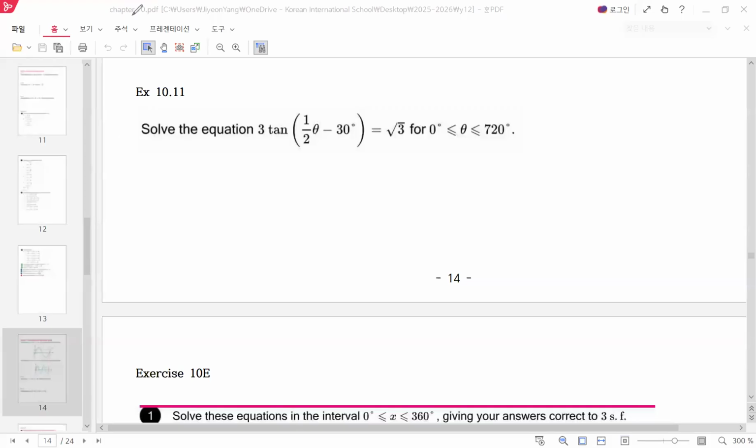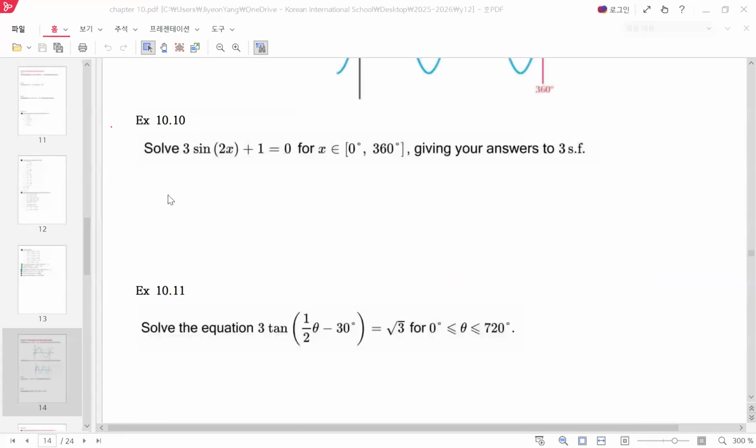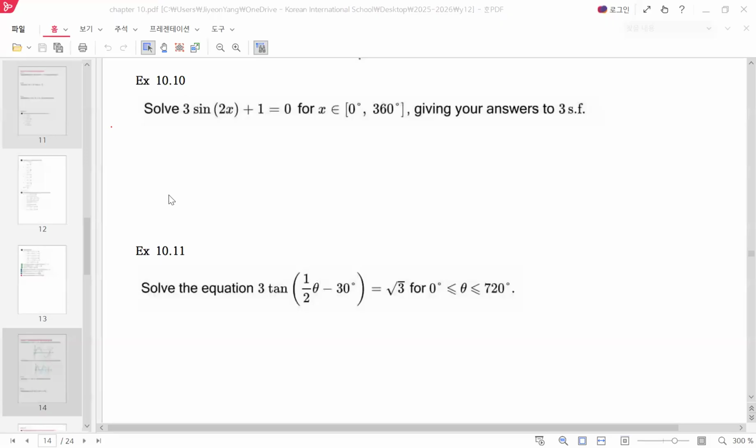This one, let's solve the equation. Okay, this question as well. So please bring back your memory. To solve this question more easily, I just substitute this chunk as theta, right? Sine angle, tangent angle. I am going to substitute this chunk as x this time. Understand?